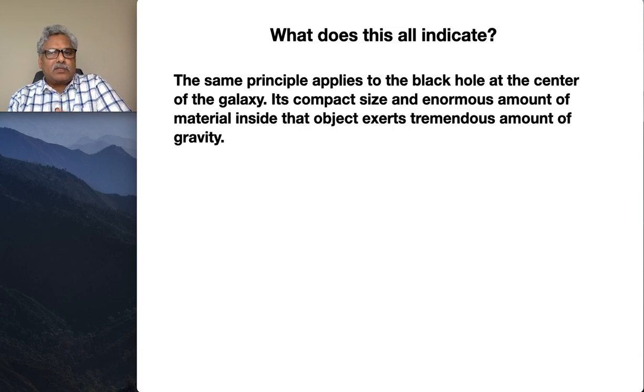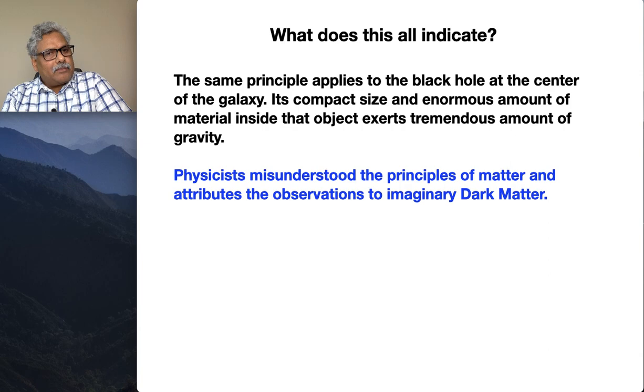That is causing us to misunderstand the black hole at the center of our Milky Way galaxy, and then attributing the solar systems going around the galactic center to imaginary dark matter. Because physicists didn't understand how matter works, they attributed the observations to dark matter. Basically, they misunderstood the concepts of matter.